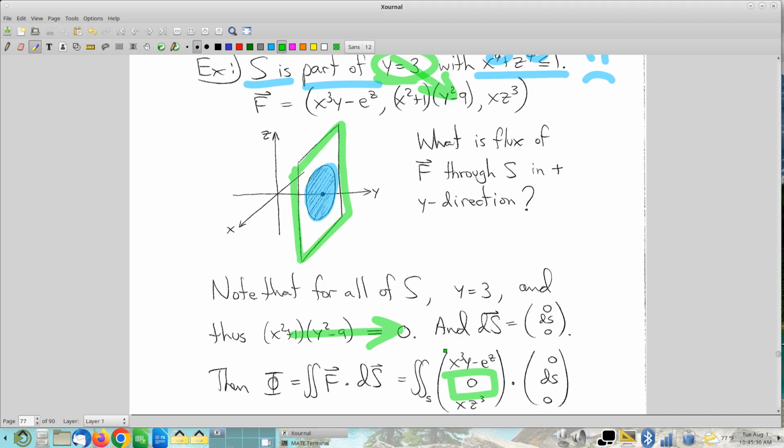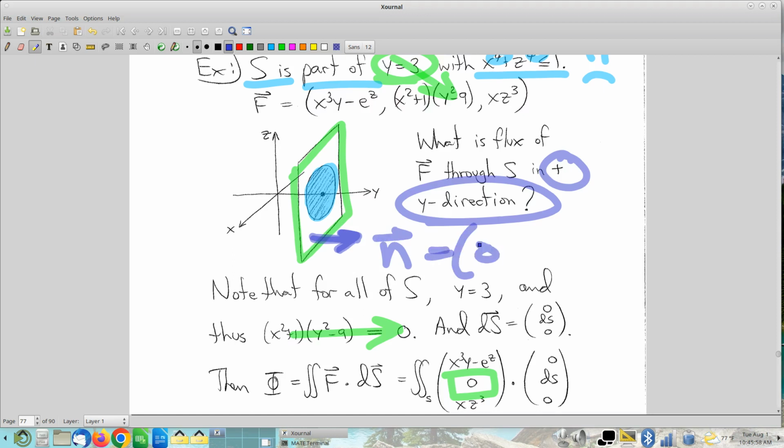Now here's the other, related bit of good fortune, and that is that if I were to look at my normal vector here. Oh, by the way, notice positive y direction, and thus my normal vector is like this. Well, I know exactly what the unit vector is in that direction. My unit vector, my little n, is 0, 1, 0, because it's clearly pointing in the positive y direction.